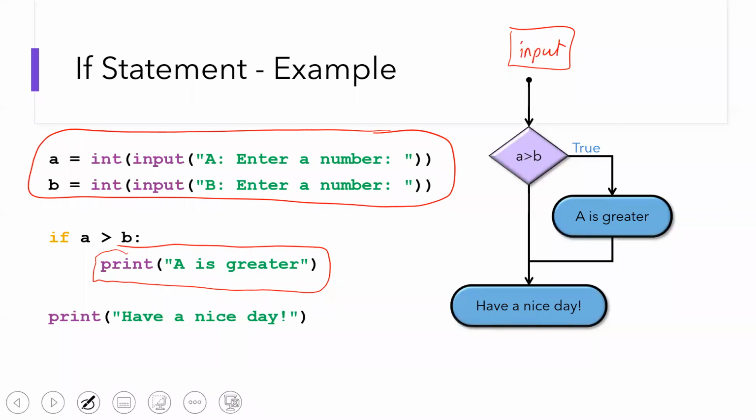Then based on those inputs, we either go through this piece of code, print this out and come to the bottom, or we skip this piece of code and go straight to the have a nice day. So you can draw it out in flowcharts, and as somebody asked a minute ago, if I put another if statement here, then I would put another branch in my flowchart. We'll see an example of that coming up.